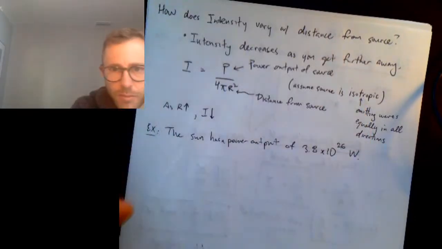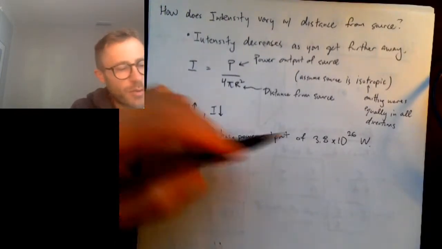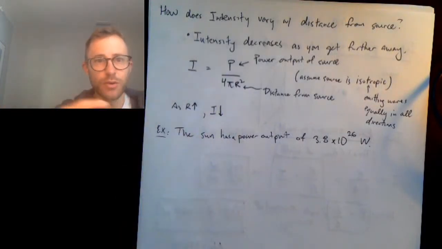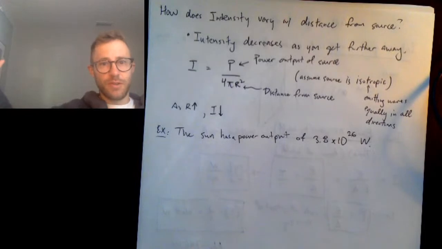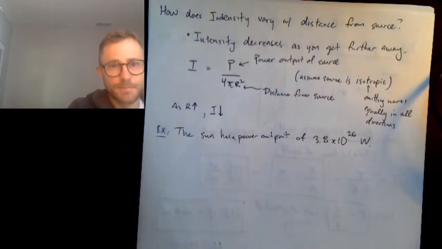It's a huge power output, okay? So 3.8 times 10 to the 26th joules of luminous energy are leaving the sun per second. It's a huge, huge amount.